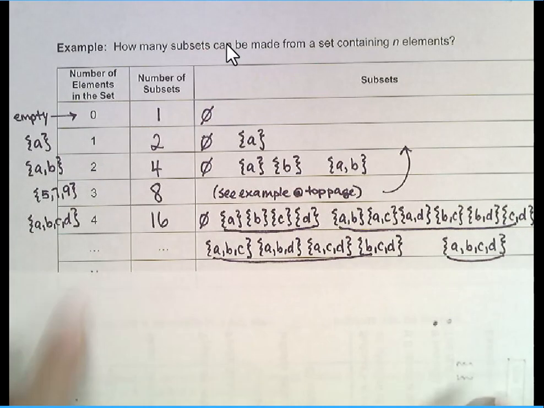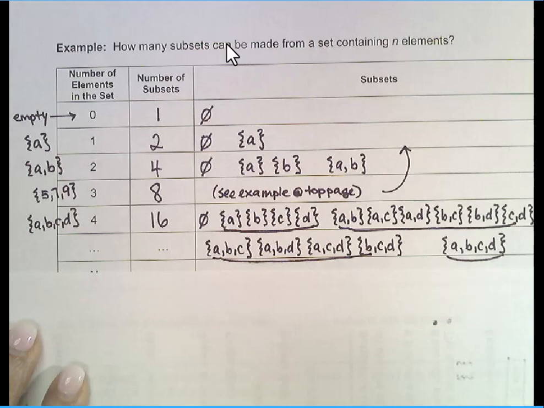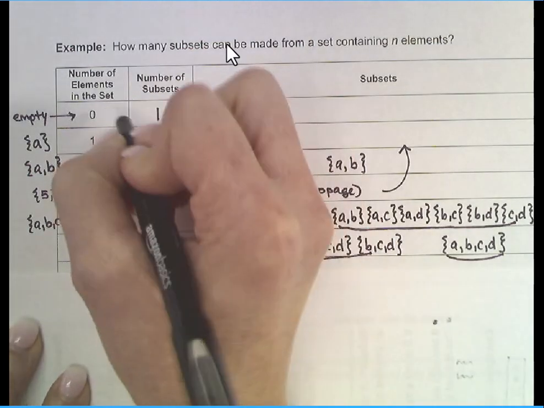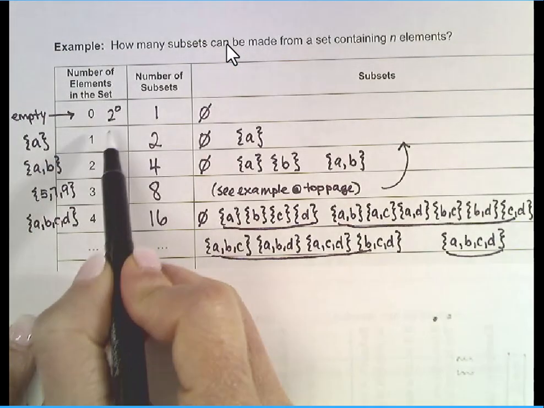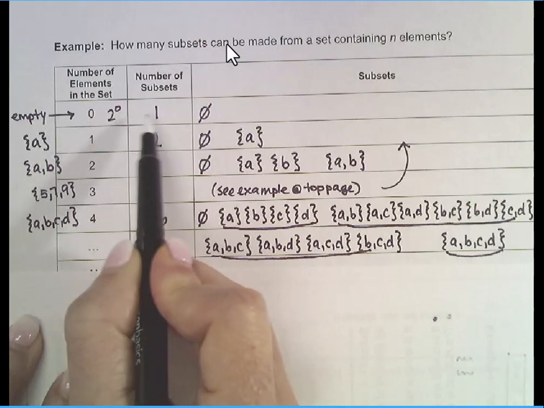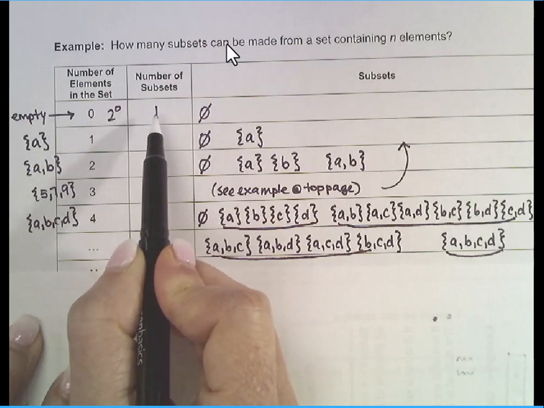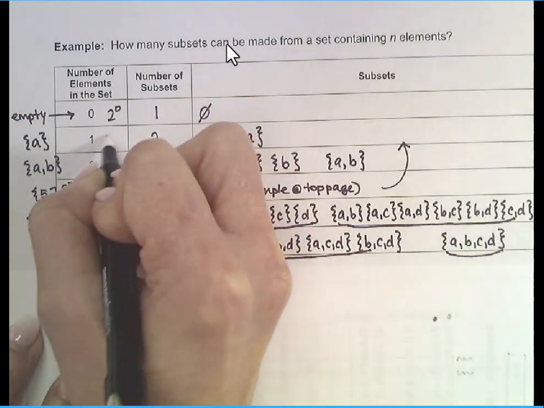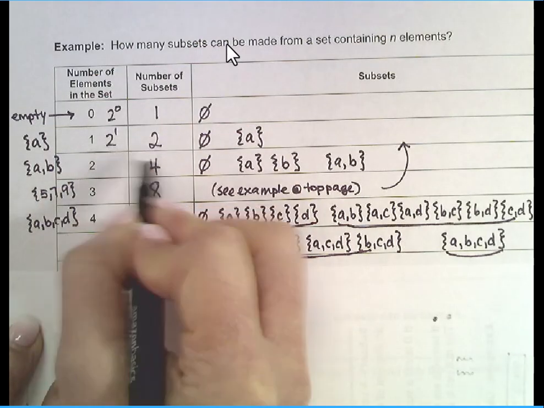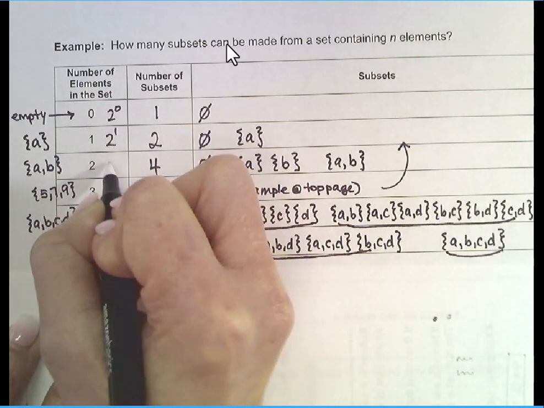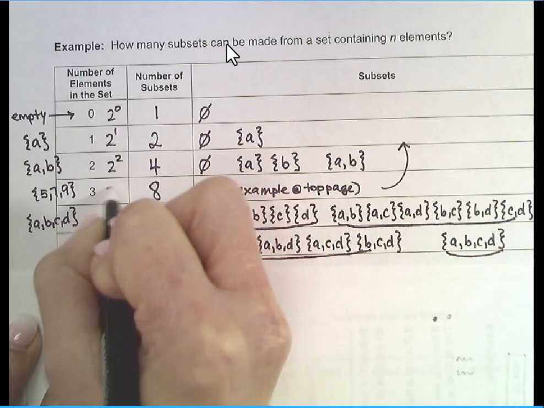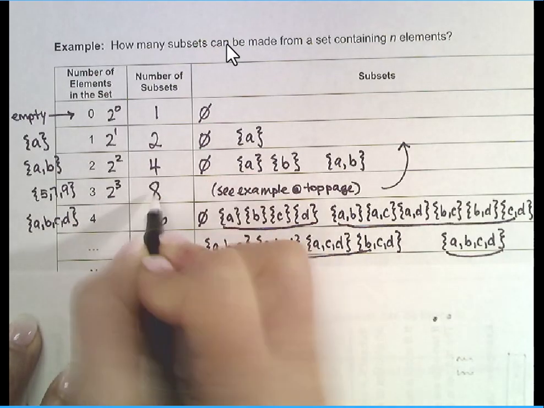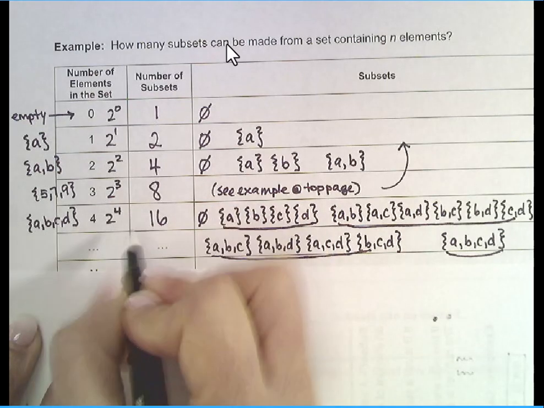So if we can figure out a quick way to do this, we're going to use exponents. I'm going to write it like this. If we write this as 2 to the 0 power, anything to the 0 power is by definition 1. What if I do 2 to the first power? I get 2. 2 to the second power? I get 4. 2 to the third power? I would get 8. 2 to the fourth power, I would get 16.